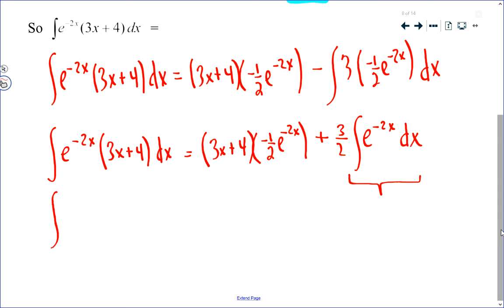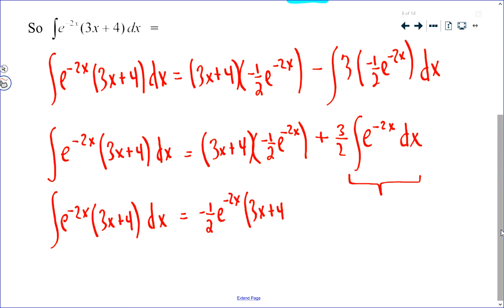The integral of e to the negative 2x multiplied by 3x plus 4 is equal to, I'm just going to switch the order of these two factors, -1/2 e to the negative 2x times 3x plus 4. Then I have plus 3/2.